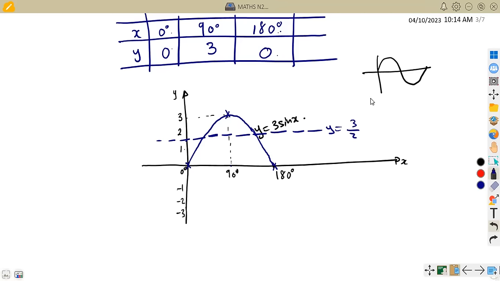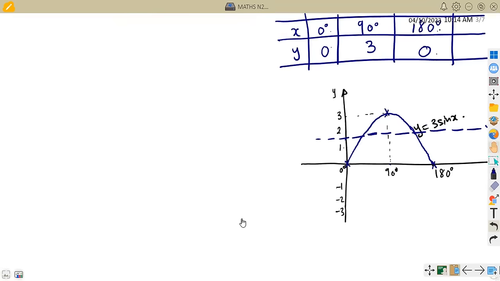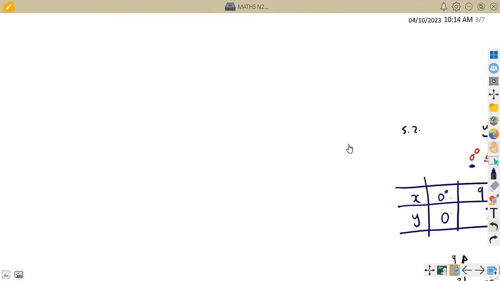So the question now is from these graphs that we have drawn. From these two graphs, read from the graphs in question 5.22 the values of x for which both graphs intersect each other. We need the values of x, which is the angle where these two graphs intersect.